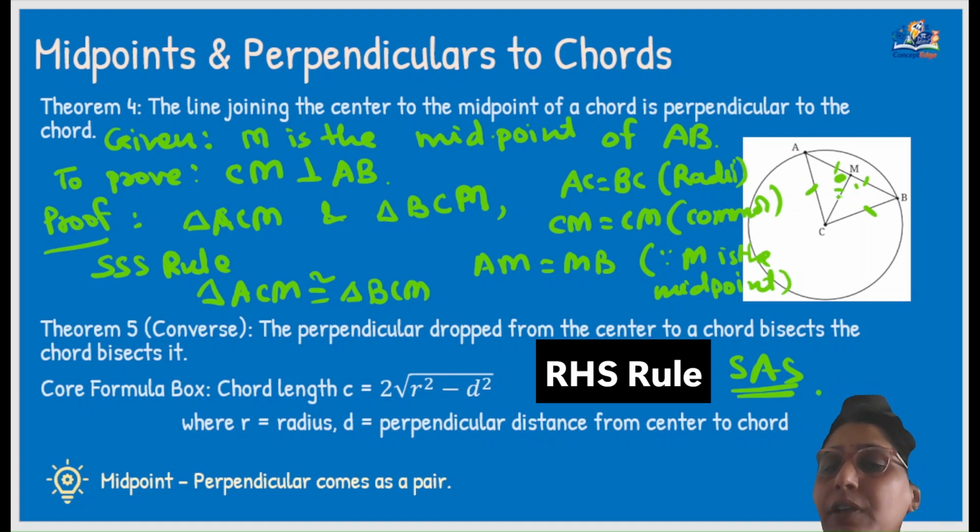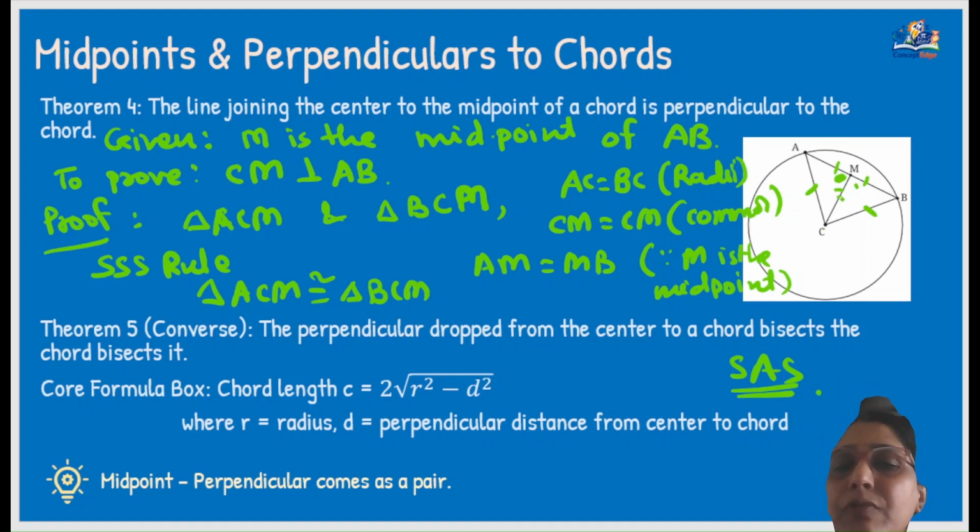Now this perpendicular distance I can easily find with the Pythagoras theorem. So if I want to find the chord length, let's call it c, small c.